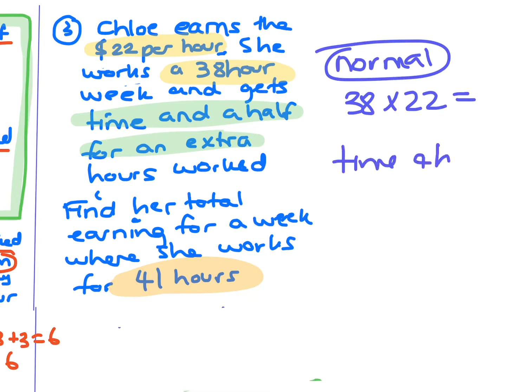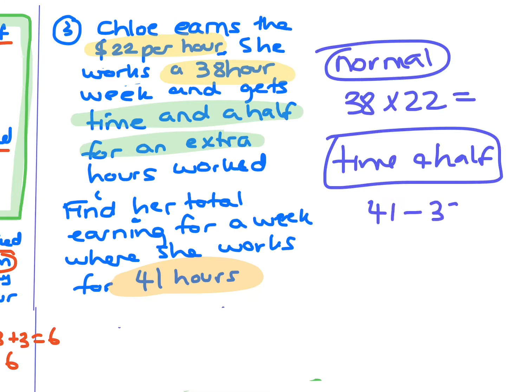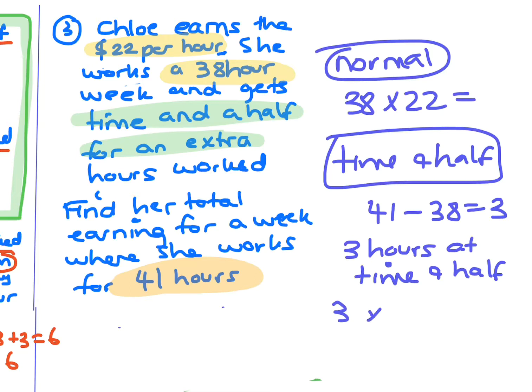Now, because she's worked 41 hours, if you go 41 minus 38, you end up with 3. That means she's done 3 hours at time and a half. So it's 3 hours times the 22 times time and a half. The normal rate, when you multiply that out, gives you 836.